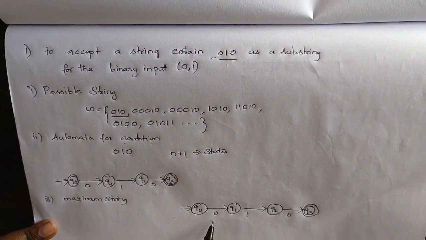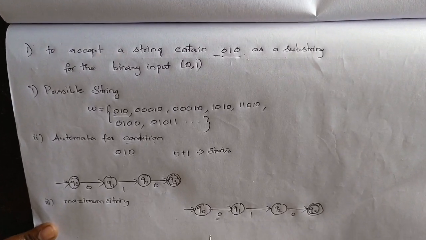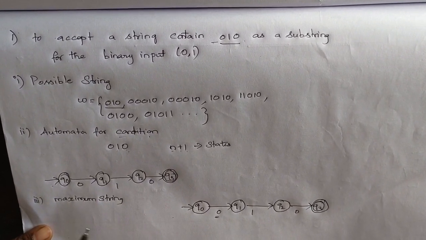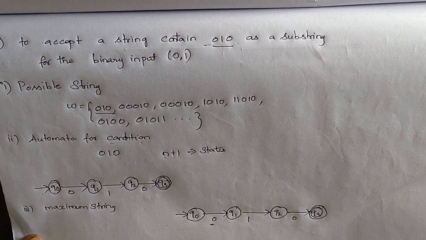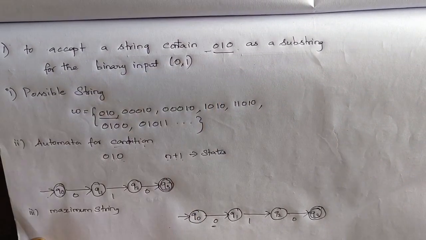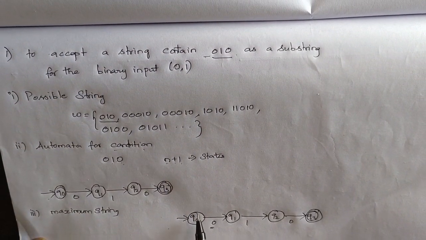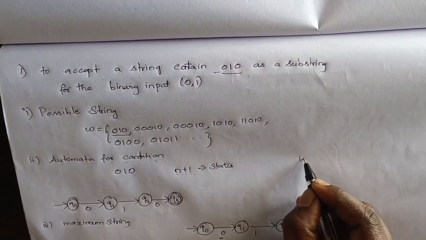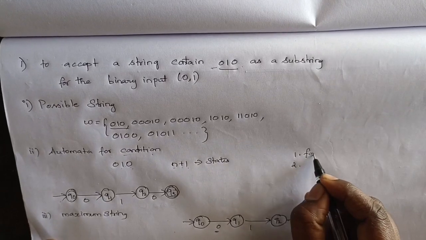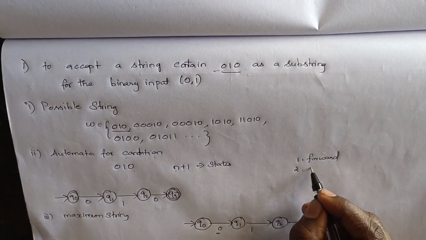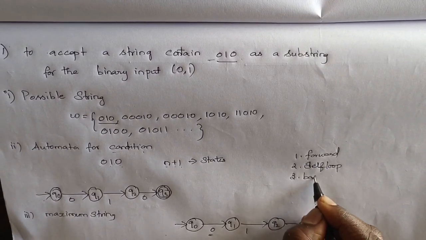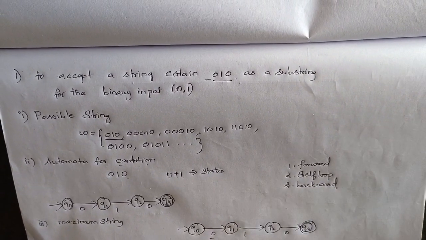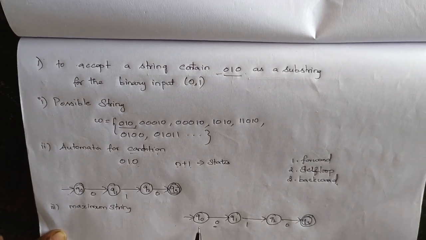First state Q0: the input 0 is transferred, the balance input is 1. We have to check where to transfer the 1 without changing the condition of 0, 1, 0 as a substring. There are three possibilities: first forward transfer, second self loop, third backward.